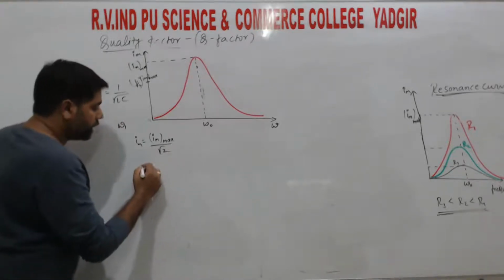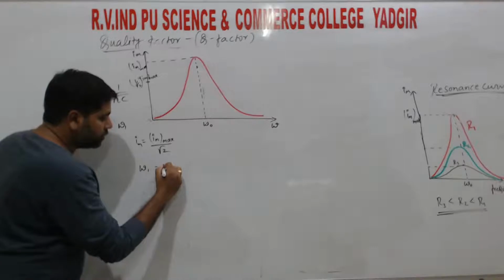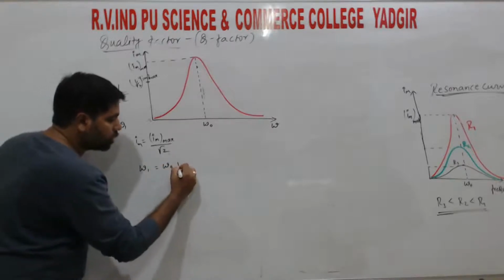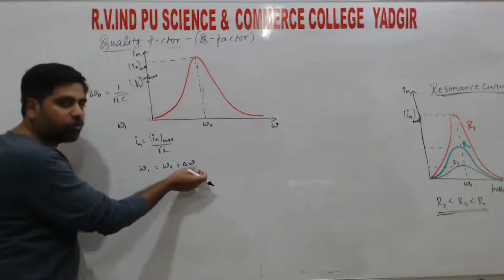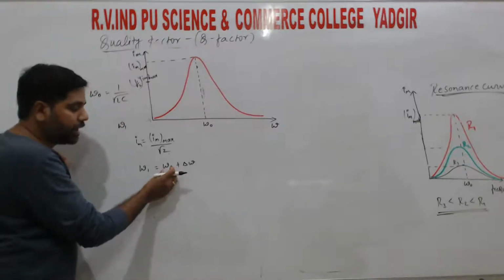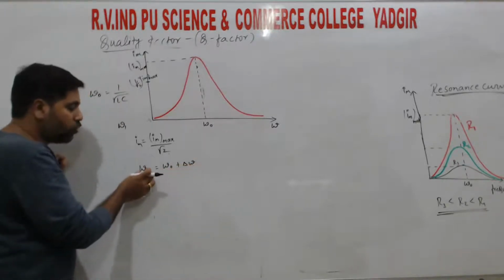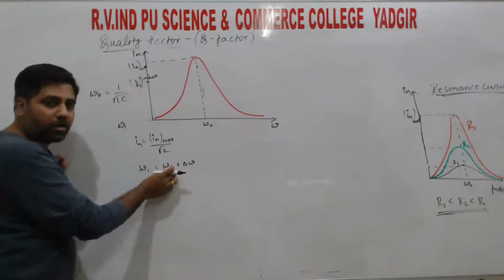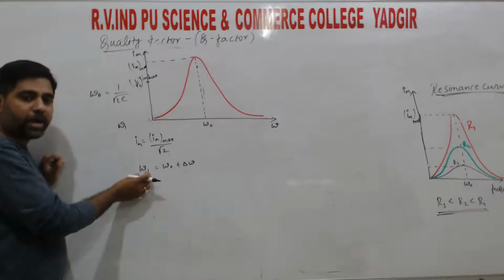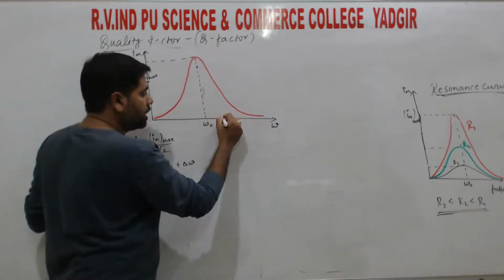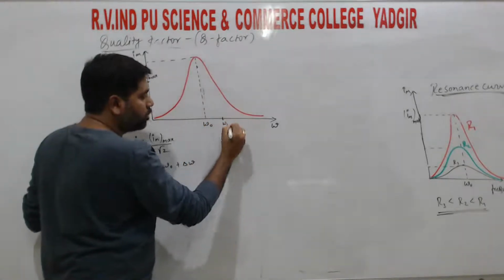We take omega 1 equal to omega naught plus delta omega. Delta omega is a small frequency exceeding omega naught. That means omega 1 is greater than omega naught. We have taken a slightly higher frequency than omega naught, which we denote by omega 1. Somewhere here we take omega 1.